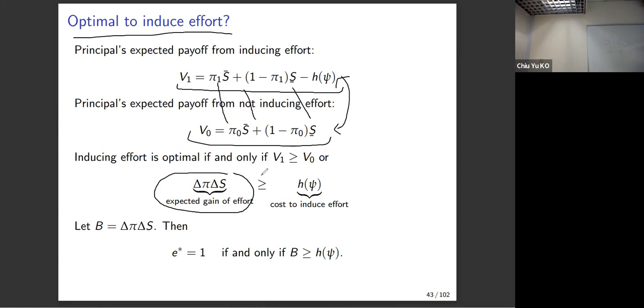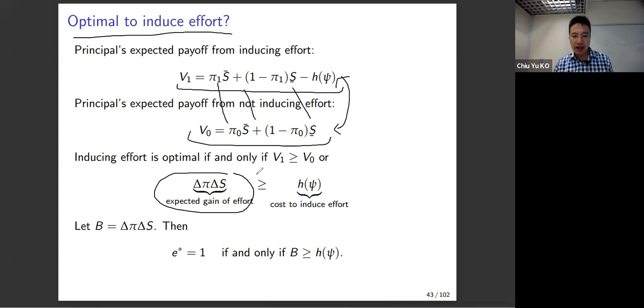Because this is the surplus changes over the probability, right? Because with effort, you come from S lower bar to S upper bar, right? And this is the probability that you change, right? Because putting in effort changes the probability. So this is the gain of social surplus, right? Because this minus this guy, right? And this is the cost of effort, okay?